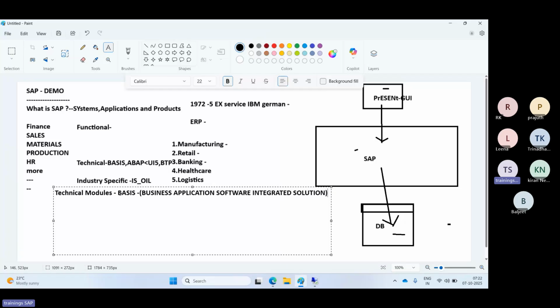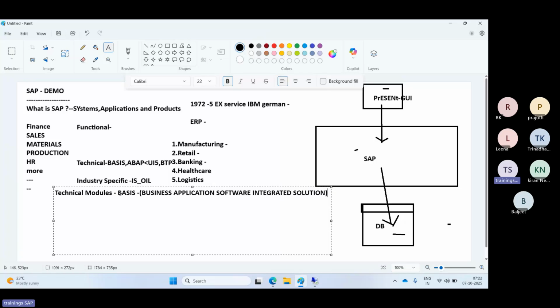The main core activities we focus on are system installations, configurations, client administration, user management, transport administration, DB, background jobs, spool, printer, patching, security, refresh, high availability, disaster recovery mechanisms, and everything here. The architecture has the presentation, application, database layer, and operating system. First of all, we are the ones who build the systems.